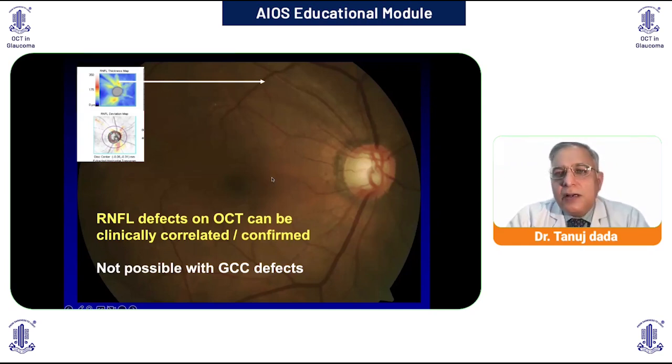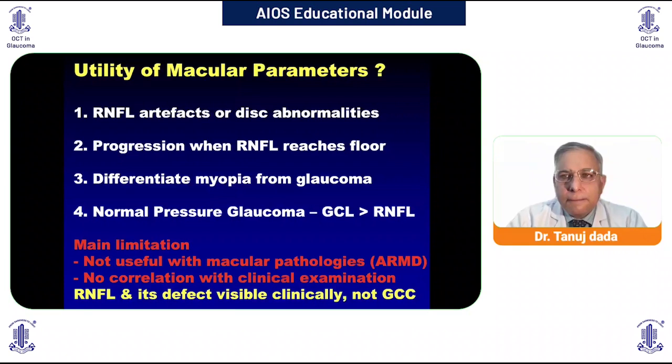And that is one advantage of using the retinal nerve fiber layer, that you can clinically correlate the defect on the OCT with the fundus image, and you are sure that this is a diagnosis of a retinal nerve fiber layer defect. While with the ganglion cell, you only rely on the OCT. Clinically, there is no parameter to correlate your finding on the OCT.